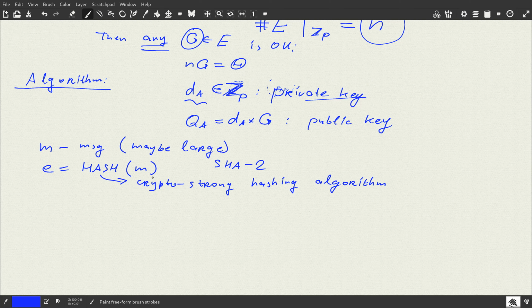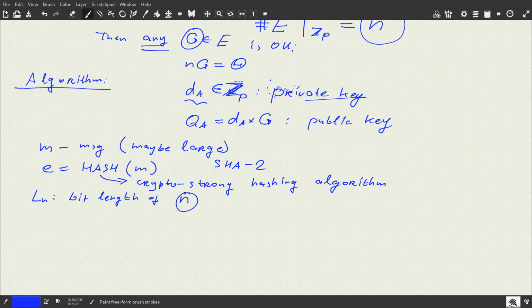Okay, then we have, for example, if our p is, let's say, 256 bits, let's say Ln is the bit length of n.